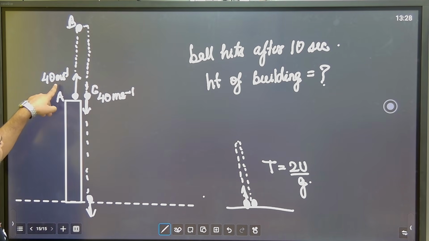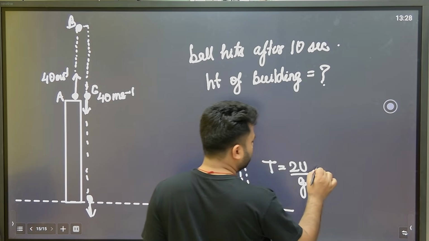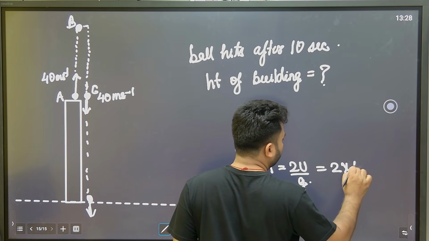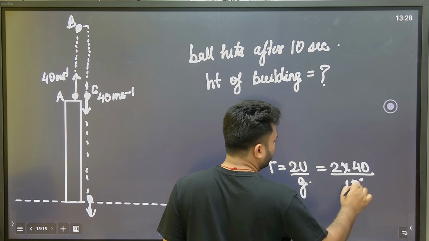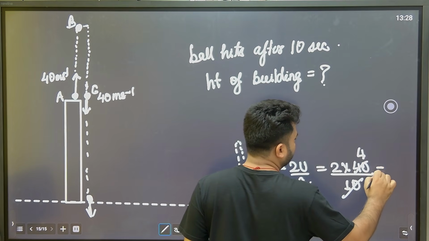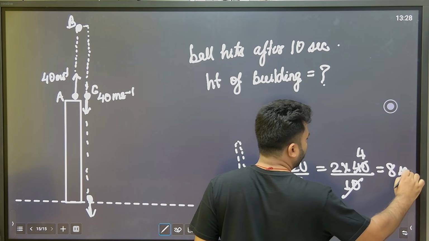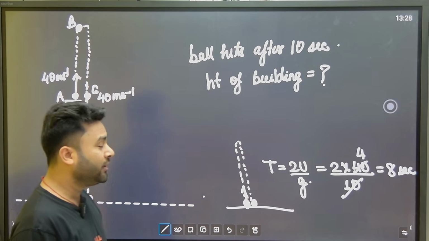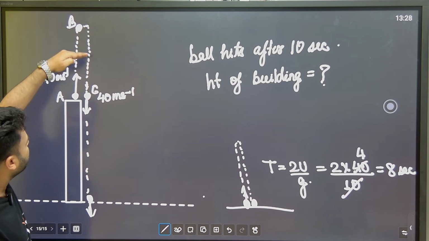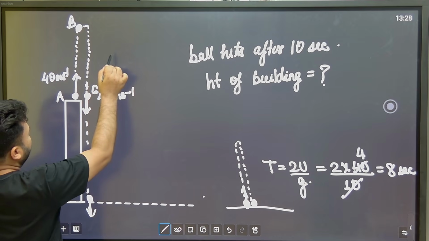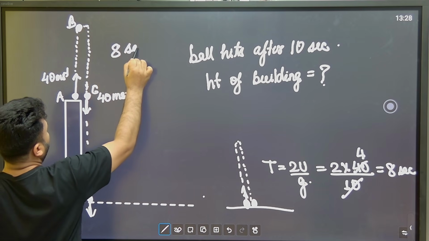What was the u speed here? 40. So this will be 2 into 40 by g, that is 10. So 40 divided by 10 is 4, 4 twos are 8, that is 8 seconds. 8 seconds means the ball is going from A to B and back from B to C in 8 seconds.